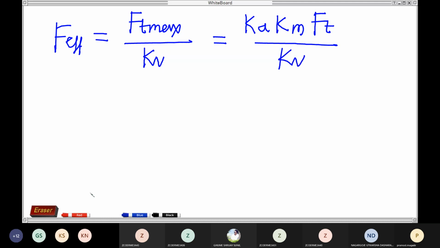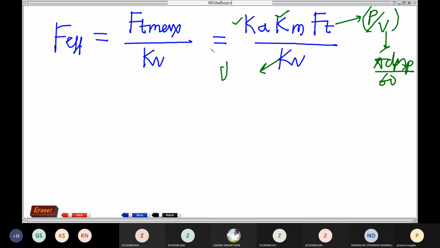Here I told you the Ft can be directly calculated by P by V. V is nothing but pitch line velocity, and we are going to calculate that by pi d n by 60, and d is nothing but diameter of pinion, rpm of pinion. And if these values Ka and Km are given, then it's okay. Not given, we'll have to take one. Now Kv is a factor directly given in examination or in numerical.